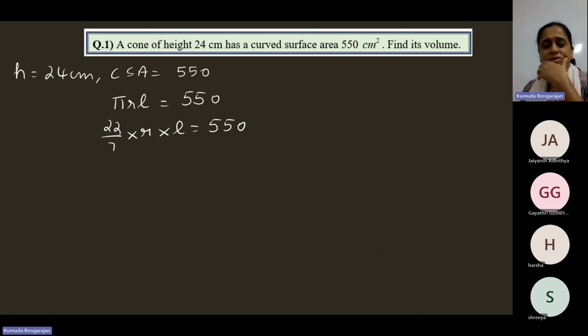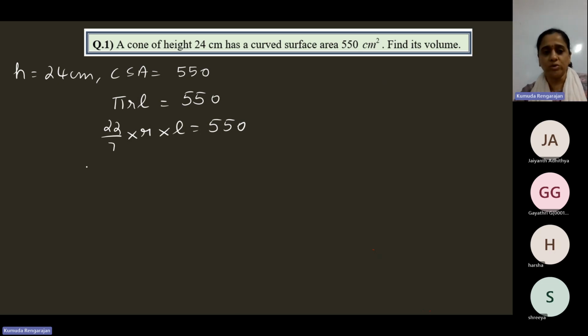Now this is one equation, but we have two unknowns, R and L, and no other information. We know that in one equation with two unknowns, you cannot find any value. With one equation, if you have one unknown, you can find its value by solving the equation. One equation, two missing values, you cannot find anything.